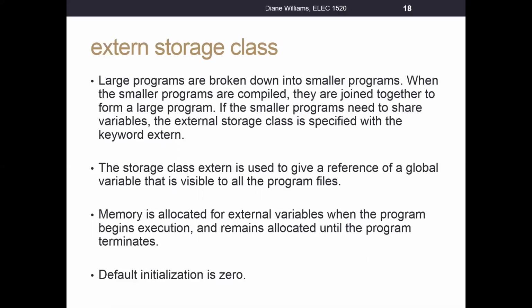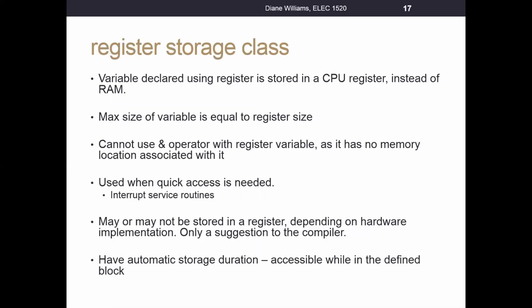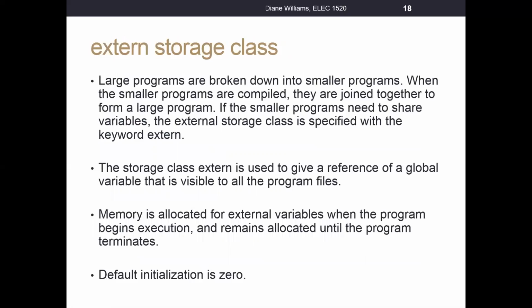Then the extern storage class. I haven't given you an example of this. When we need to use the register specifier, we will go through an example, but at this point we're not working with that in class. Similarly, there's an external storage class as well that, since we only have one C file, we will not learn to work with at this point.